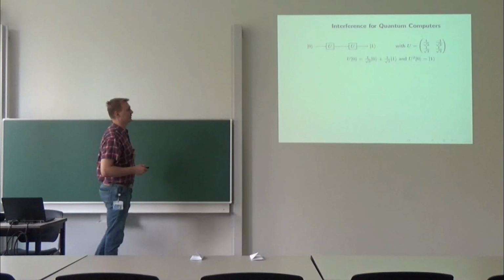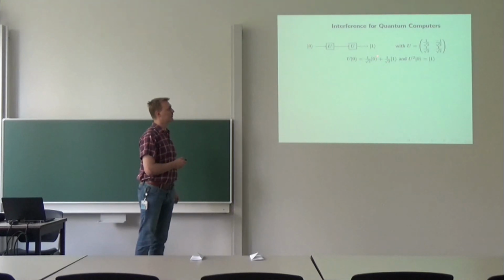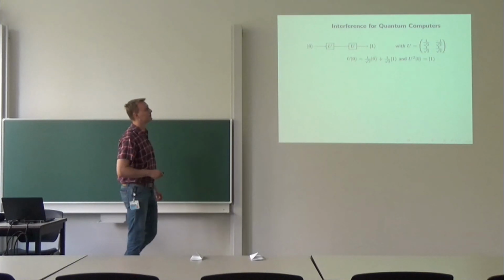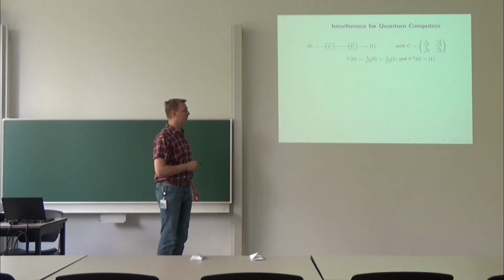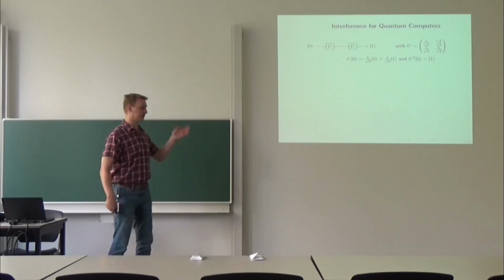So let's see what it does. When we apply it once to a qubit that is initialized to the 0 qubit, then we get a uniform superposition of 0 and 1. And when we apply it a second time, then it's just the square of the square root of naught, which is just naught.